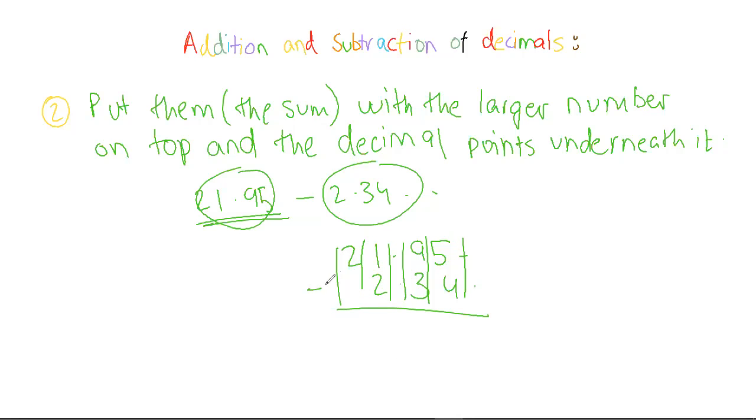So 5 minus 4 is 1, 9 minus 3 is 6. Now in this case, let's take an analogy. Say for example, your brother, neighbor number 1, says to you that, hey, I don't have enough apples, can you get me some apples? You say, how many apples do you want? He says, let's say 3, but you have only 2 in the fridge. Then you say, hey, I have only 2 apples, you said you wanted 3.